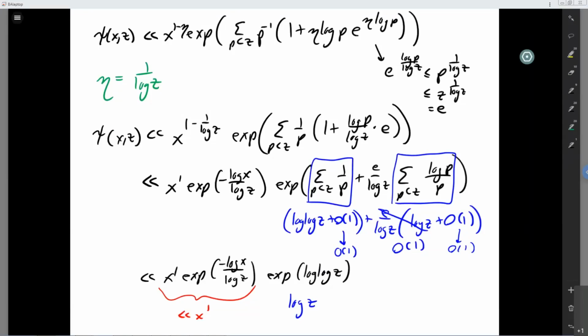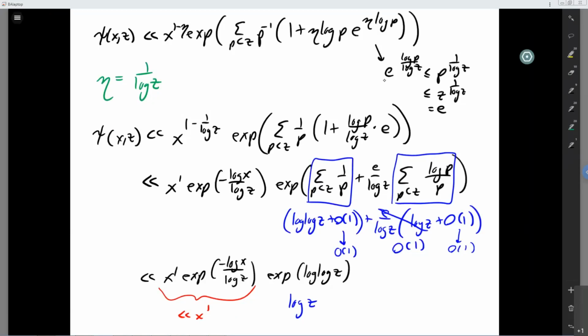I'm not sure if it's optimal or not. Well, the idea is you want to make sure that eta is something tending to 0 as z tends to infinity. But then the way that you choose it is by choosing something that is easy enough to work with in the other terms in this upper bound.